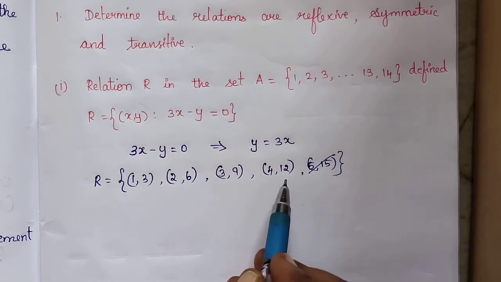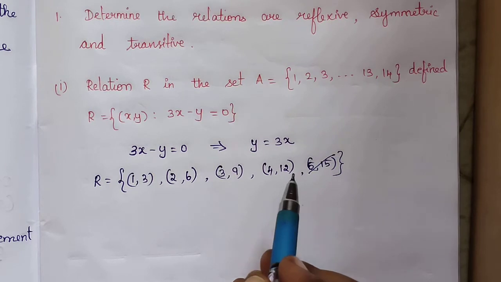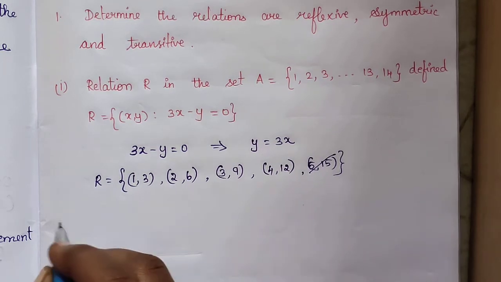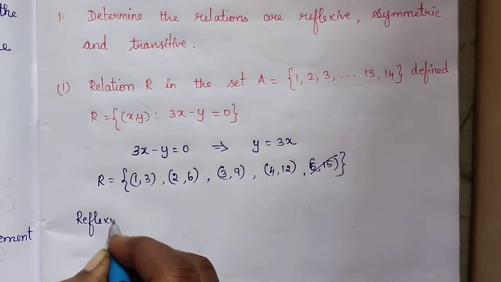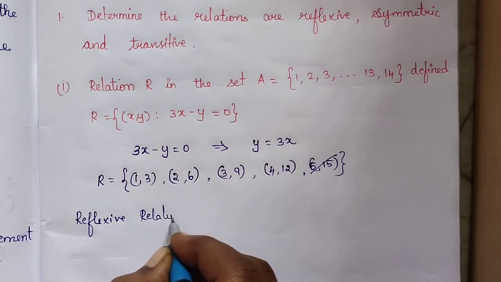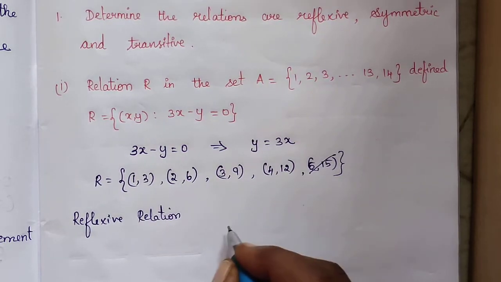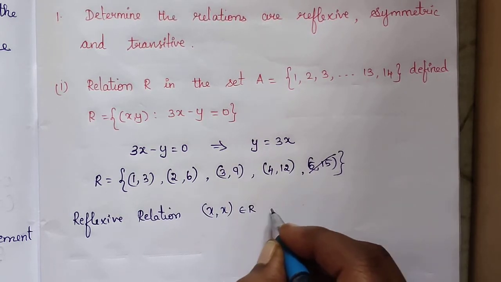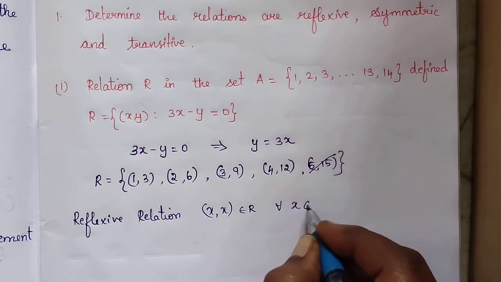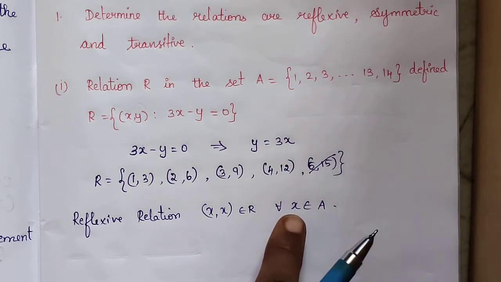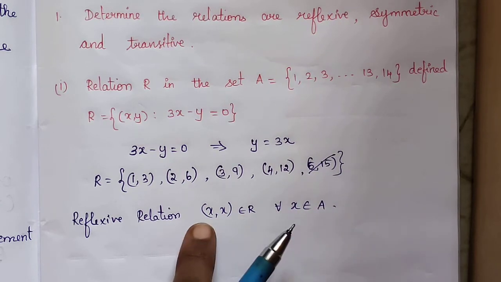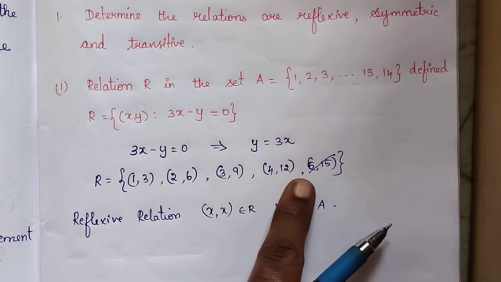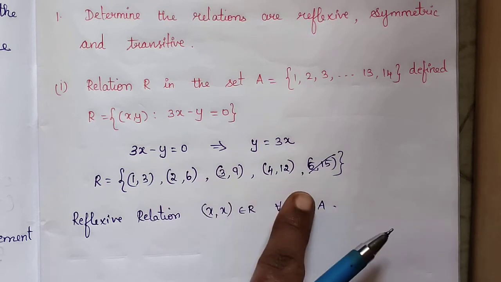In this relation, I have to check whether this relation is a reflexive relation, symmetric relation, or transitive relation. Condition for reflexive relation. What is the condition for reflexive relation? (x, x) or (a, a) belongs to R for all x belongs to capital A. Now see here, if x belongs to A then (x, x) should belong to R. Whether that condition is there, whether (1, 1) is there in the set, (2, 2), no, it is not there.